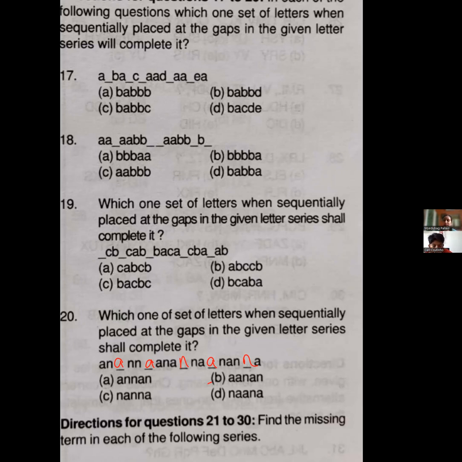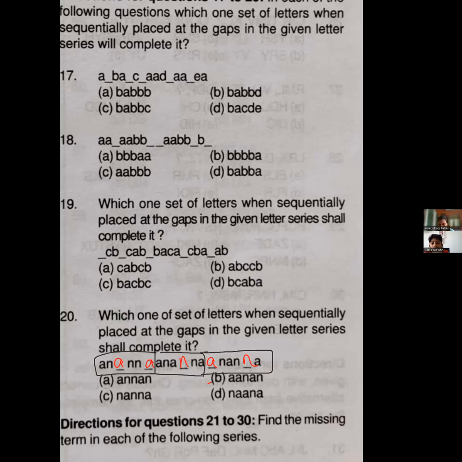See, if we take six letters together, then it is forming a pattern. If you take the first six, one, two, three, four, five, six, there is a pattern.